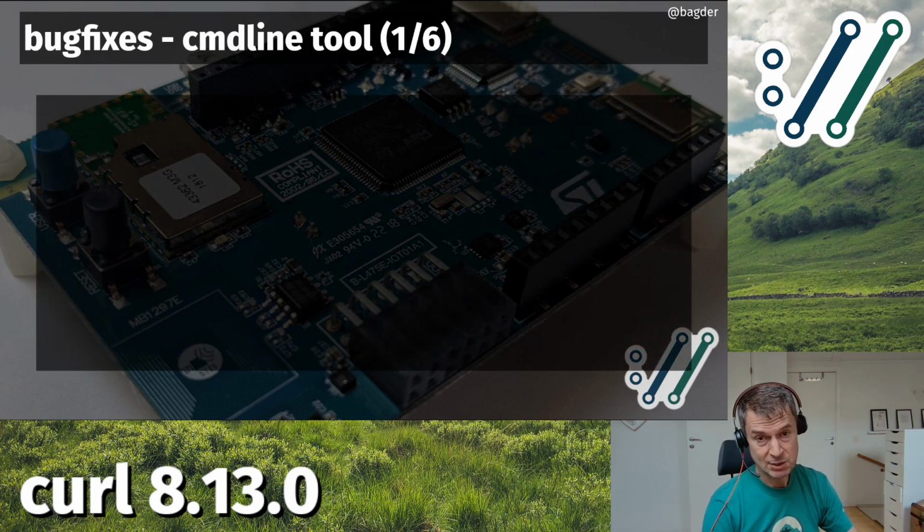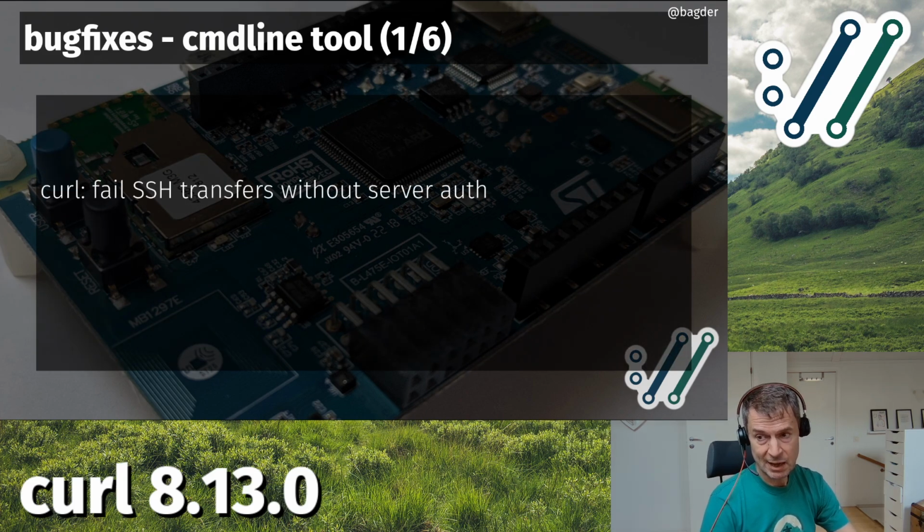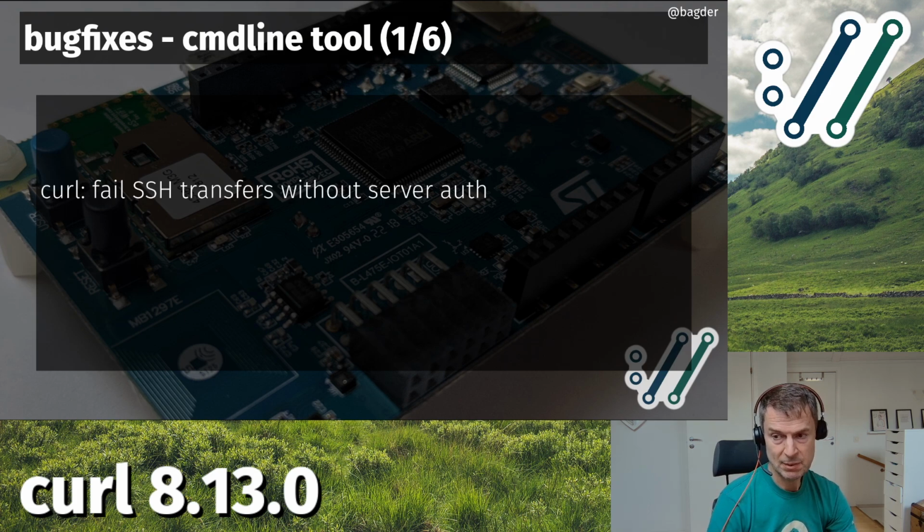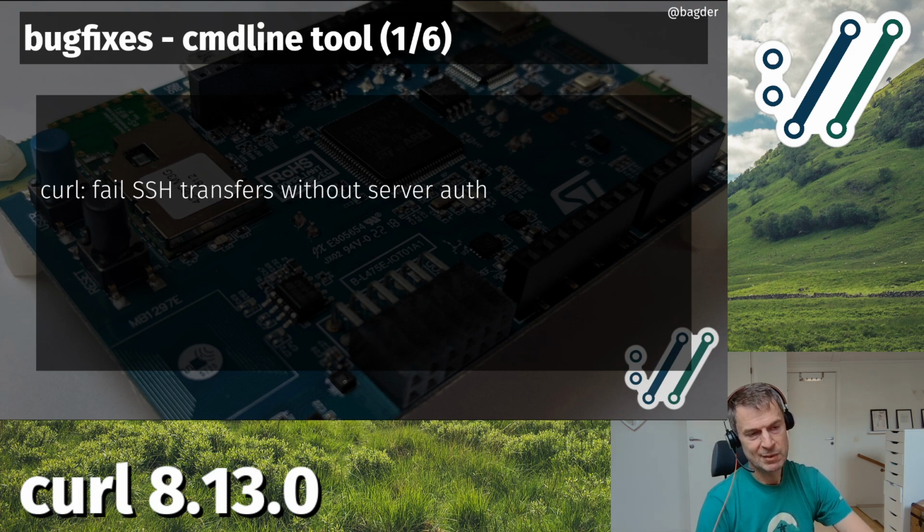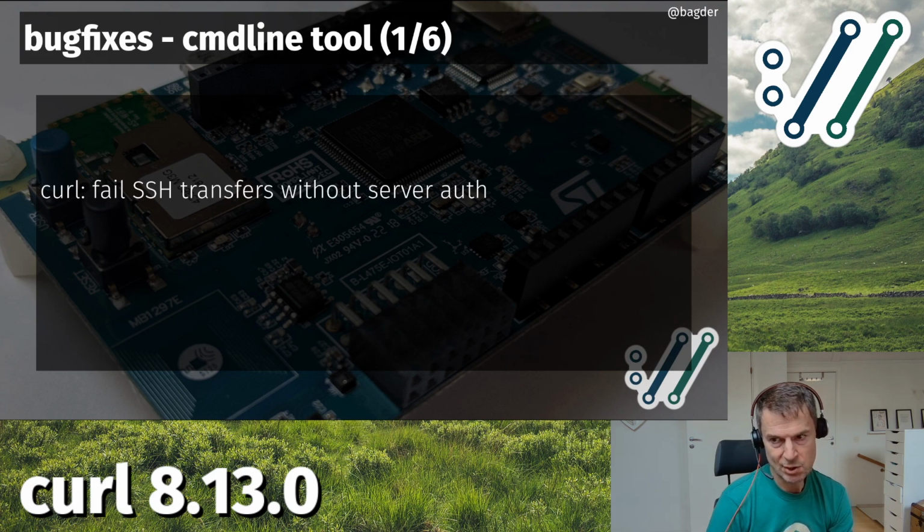So in the command line tool, we had this discussion on how to make sure that people are doing SSH a little bit safer. So now curl will try to use the known hosts file better.